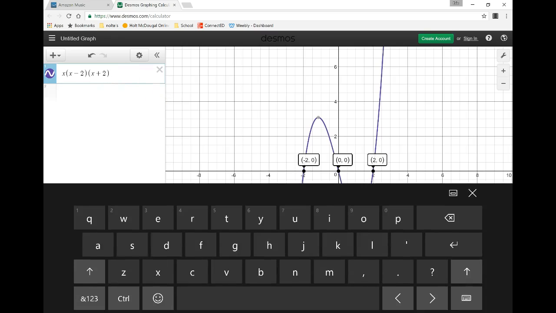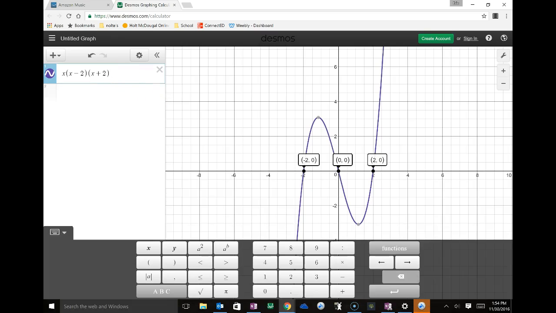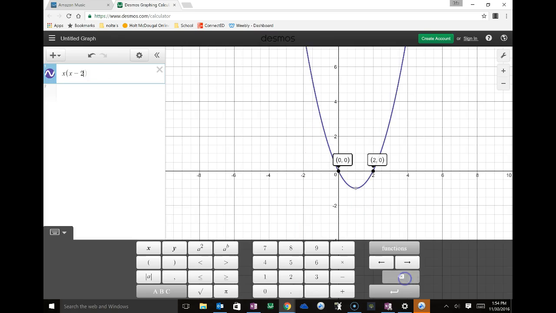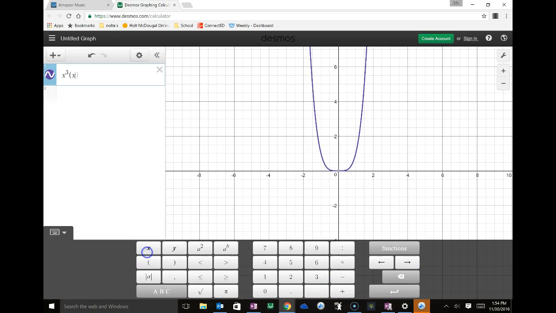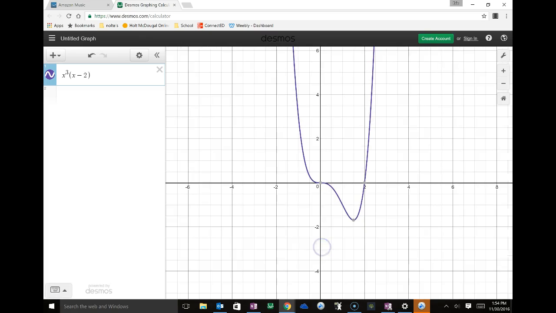X cubed, X to the third, and the quantity x minus 2. What is this? I don't like this. Okay, so by definition, this is not exactly a parabola, but it's parabolic in nature.